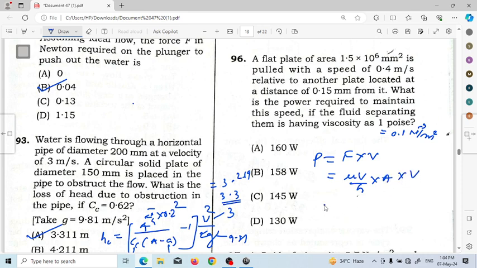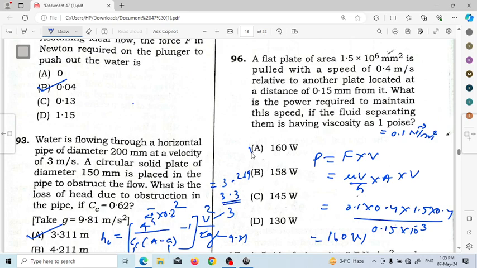So putting all the values, mu given 0.1 and velocity given 0.4, and area of the plate is 1.5 into 10 to the power minus 6 into 10 to the 6, which is 1.5 meter square, and velocity again 0.4 and h is 0.15 mm, which is 0.15 into 10 to the power minus 3 meter. So calculating the above, we get the power is 160 watt. So option A is the correct answer.